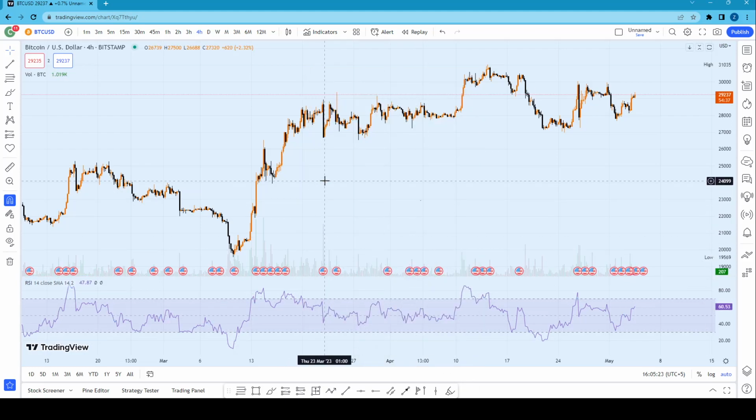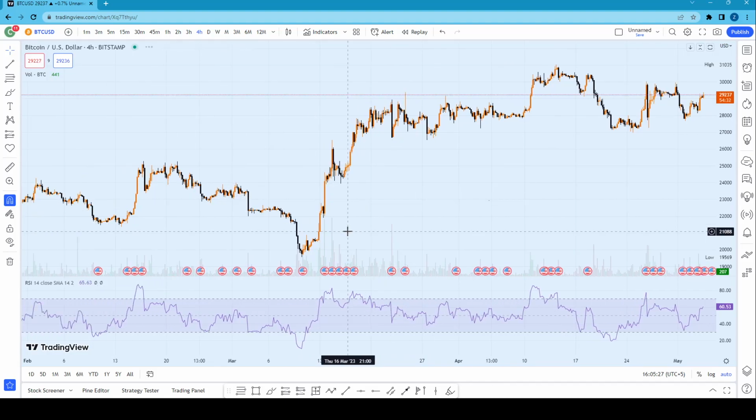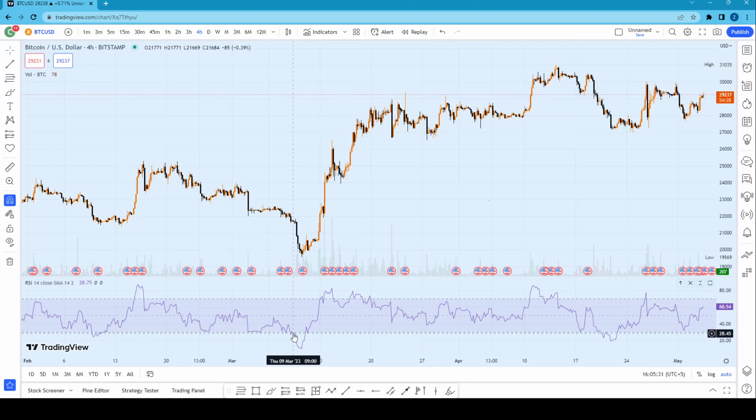First, let's compare how people usually use it. Once it goes below 30, people start buying, and when it goes above 70, people start selling. If you're doing derivatives, you might start shorting it, but I wouldn't recommend that.